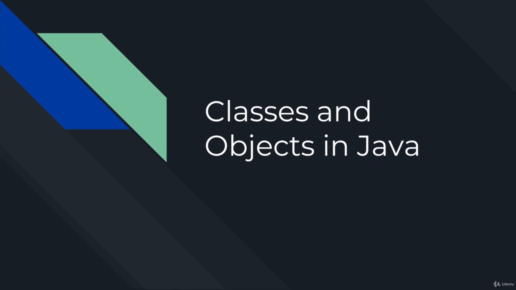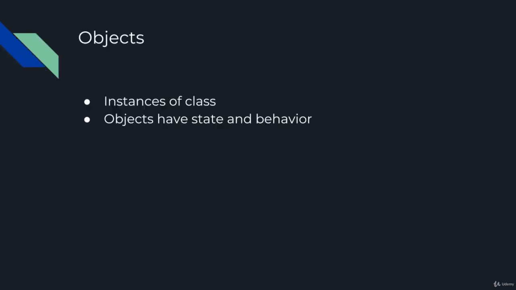Every object has a state and a behavior. Now what do state and behavior mean? Let's say for a dog that I'm seeing right now, the state will be something like the number of ears it has, the color it has, the breed it belongs to, the total number of legs it has, the height of the dog, the weight of the dog, etc. Similarly, behavior for a dog will be walking, barking, sleeping, etc. If you look at the definition of objects in Java, objects are nothing but instances of a class.